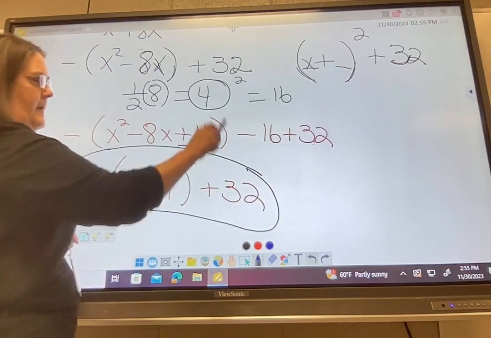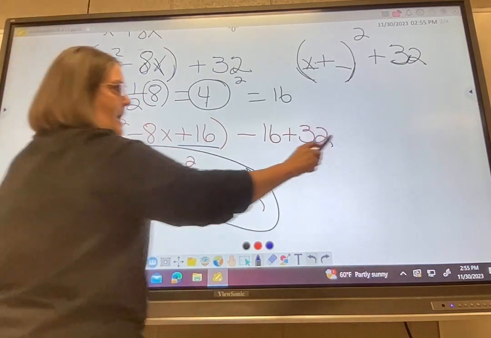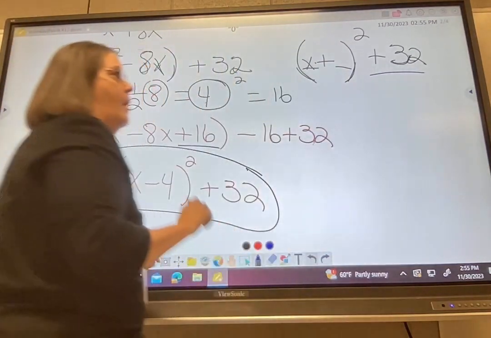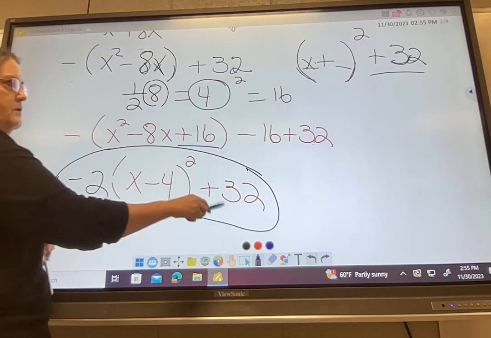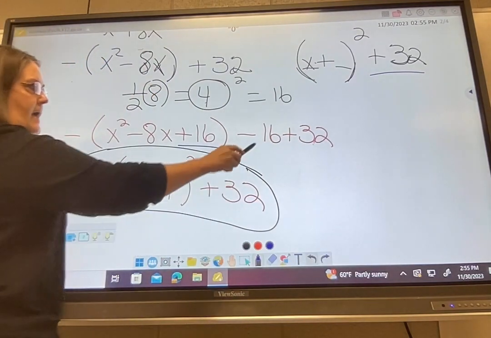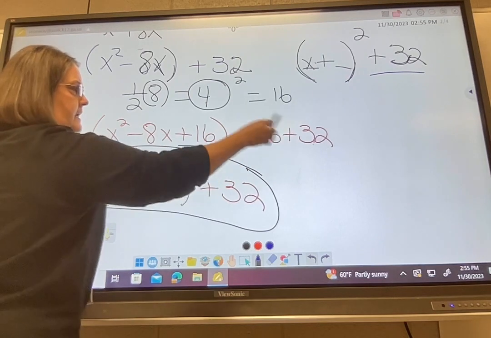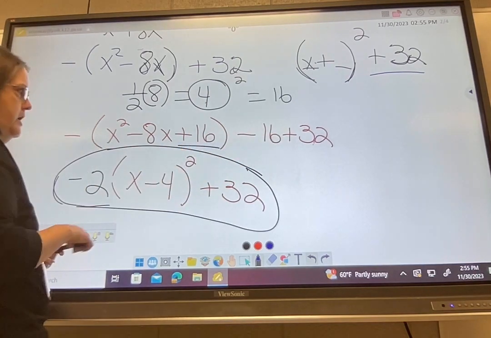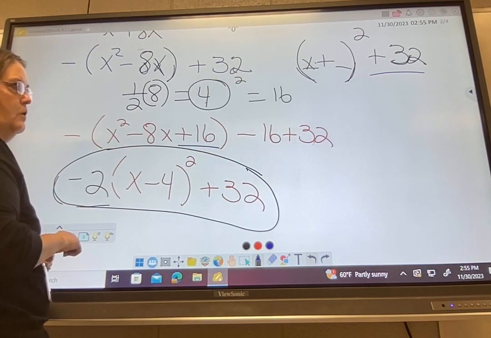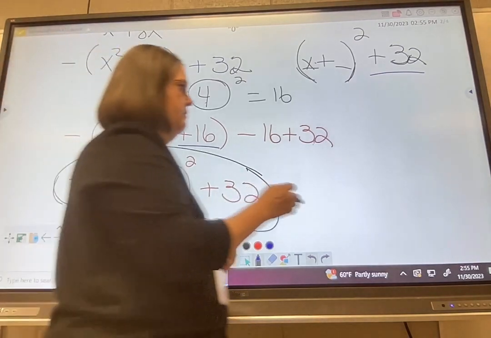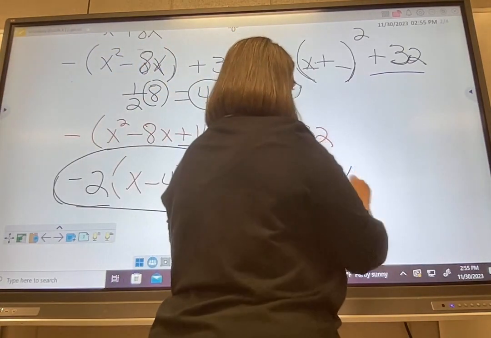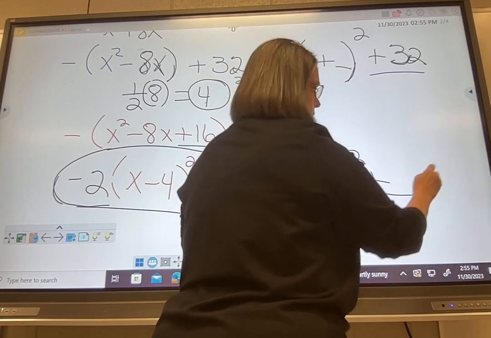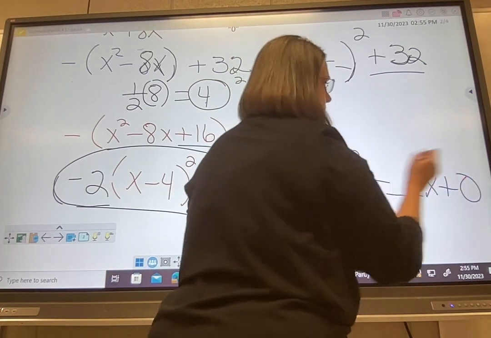And so it makes it be a 16, and I know that I need 32. So to keep the 32 over here, I have to make this equal, and I know it sounds weird, but I have to make it equal to 0 so that when I put it in standard form, I've still got x squared plus some number x plus a 0 on the end.